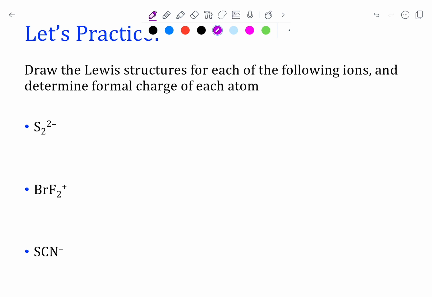So take a second and pause your video and first draw out the Lewis structures for each of these ions using our rules from our previous lesson. If you're confident in your skills of formal charge, feel free to try to determine the formal charges on your own and then use the videos to check your work. If you're still not as confident, that's totally fine. Draw your Lewis structures first, come back to the video, and work through the formal charges with me.